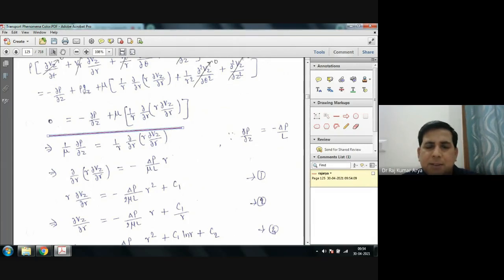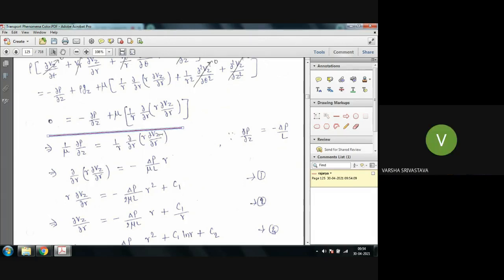You can use it for any type of fluid, because you can rewrite it in terms of the stress. Then you are not putting a constraint on whether it is a Newtonian fluid, power law fluid, or Bingham fluid. If you rewrite this equation in terms of shear stress, fine.